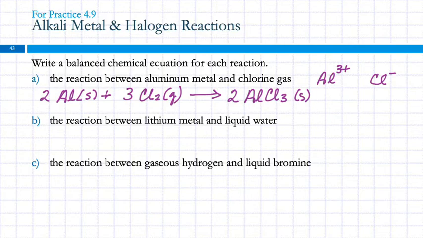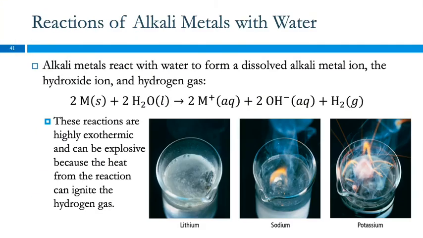The reaction between lithium metal and liquid water. So lithium metal and liquid water. If this is a homework problem, what I would expect you to do is go look it up.